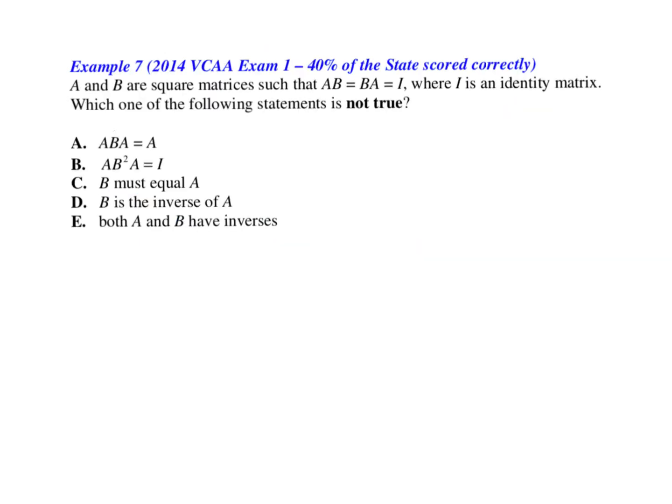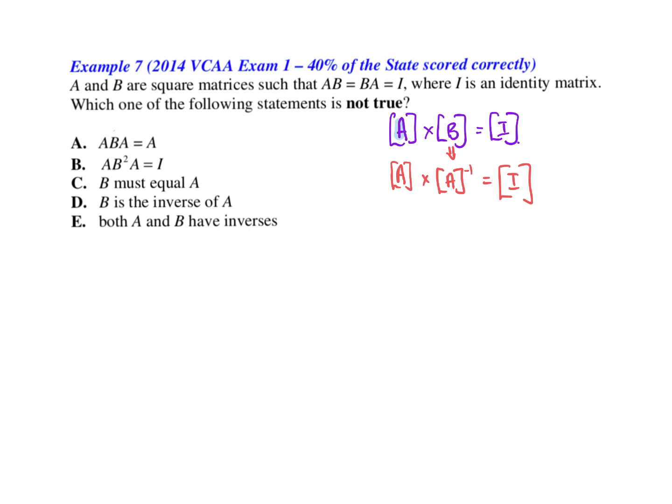Okay, so example 7. A and B are square matrices such that if you times A by B, it's the same as B times A, and that's the identity. Because they're saying if you times matrix A by matrix B, you will get the identity, that's telling me that matrix B must be the inverse of A, because we know if you times a matrix by its inverse, you get the identity.